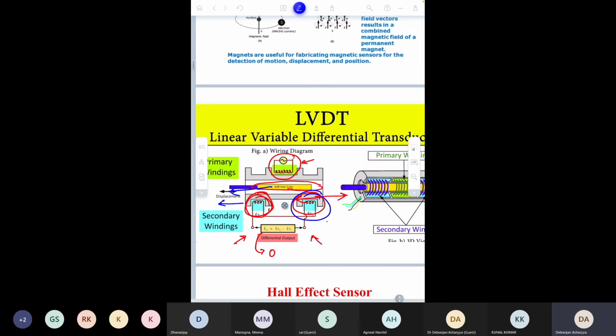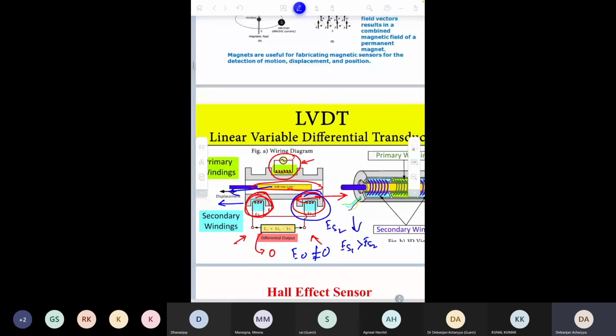So the voltage ES2 induced due to that mutual inductance is also reduced. So there E0 will not be equal to 0. That means ES1 is greater than ES2, and E0 is not equal to 0.